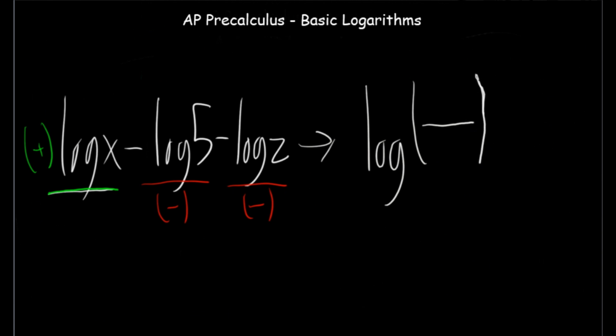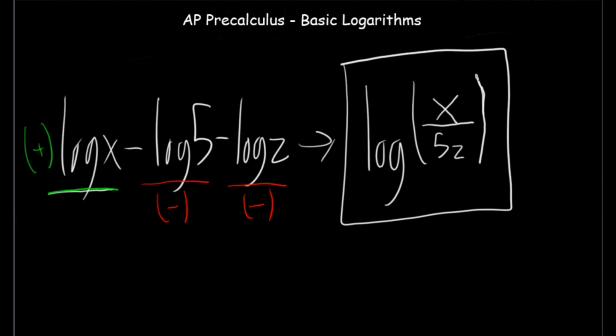For your numerator, you're going to take all the positive values, so x, because log of x is positive. And for your denominator, you're going to put the values of log that are negative, so 5 and z. You multiply those two together, so you get 5z. So you end up with log base 10 of x divided by 5z.